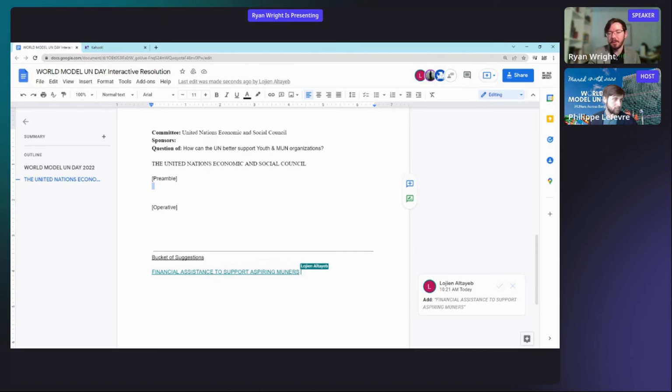And again, the moderators will help fix the formatting if they need to. Yeah, we're not here to grade you or anything. We just want to make sure that the resolution is as good as it can possibly be.